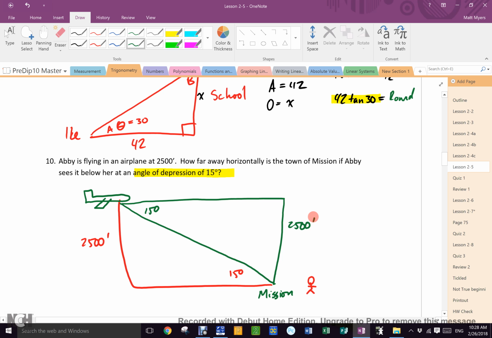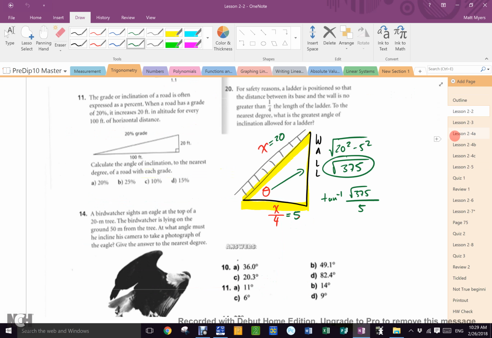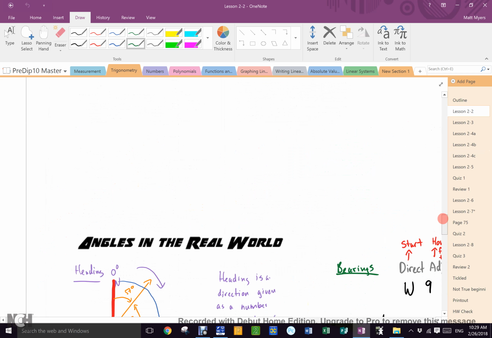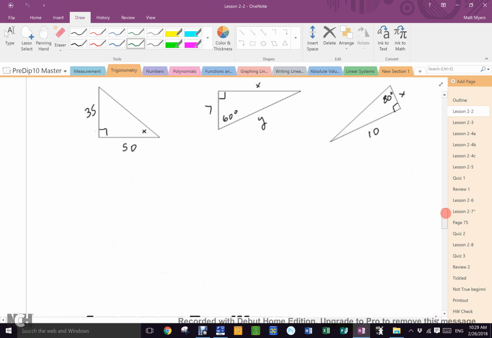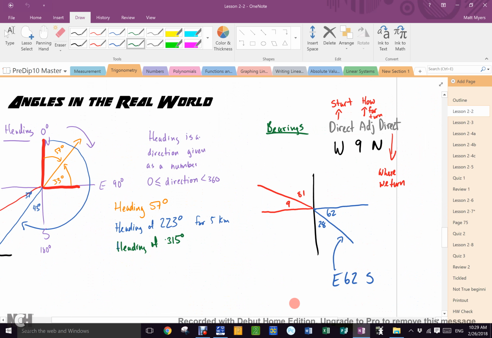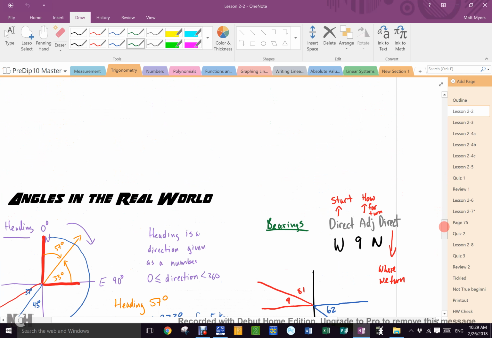Does it matter how you draw it? No. The mistake that you are all going to make when you do this test for me is you're going to draw the red triangle and you're going to say that this is the 15. Maybe not you, but some of you are going to do that because you are going to tell me that that is an angle of depression. Even though we did this whole page with angles of depression and inclination, which I must have deleted because I ran out of room.